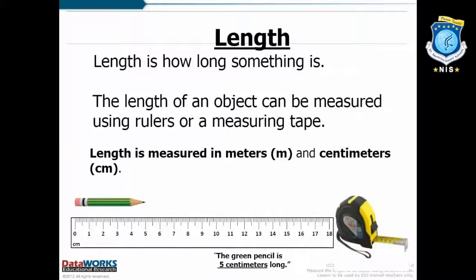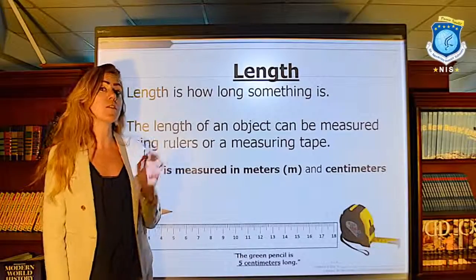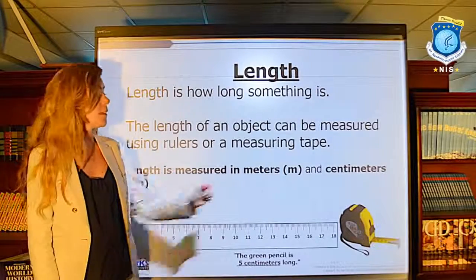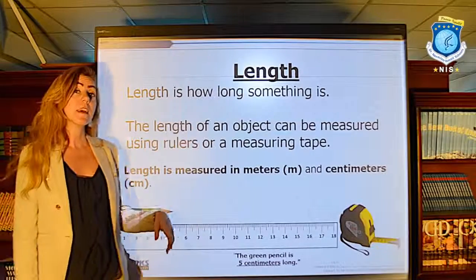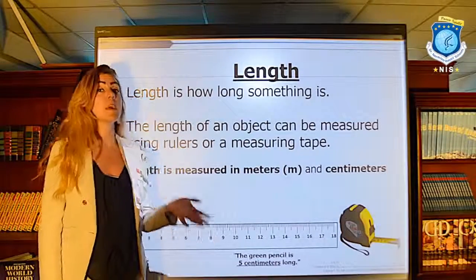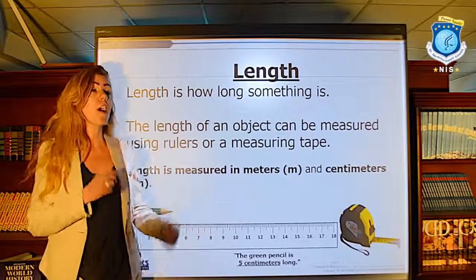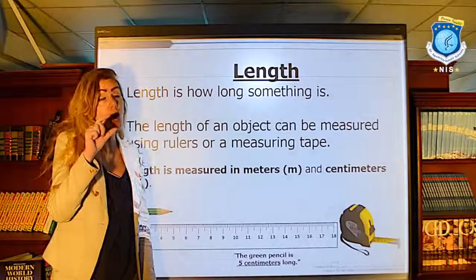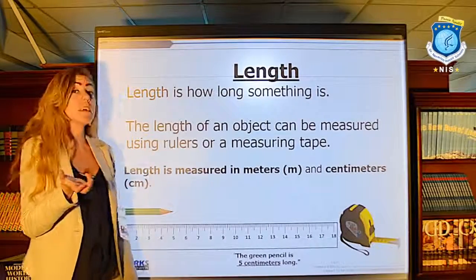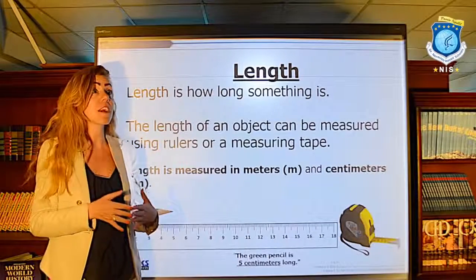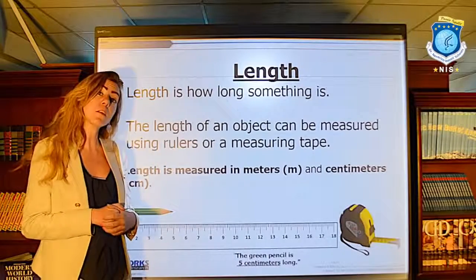And you need to know that the measuring unit for length could be either centimeters or meters. Now, when do we use centimeters and when do we use meters? If you want to measure the length of something that is small or short, you use centimeters. But if you want to measure the length of something that is extremely long or tall, you use meters.